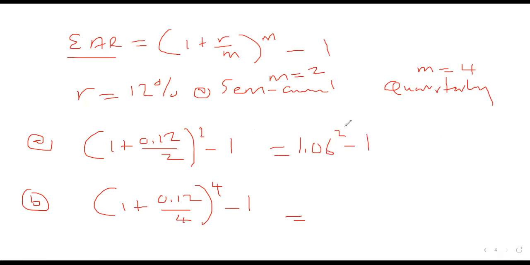So here we're going to have 12.36%. And here we're going to have 1.03 to the power 4 minus 1. What are you getting there?